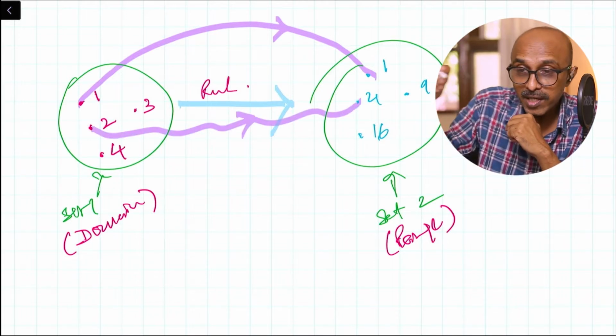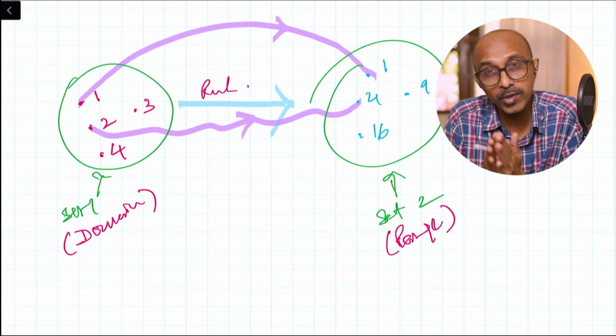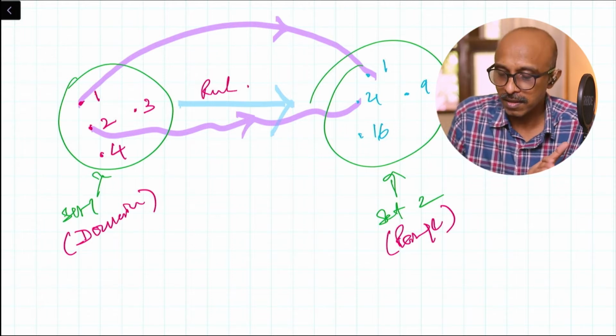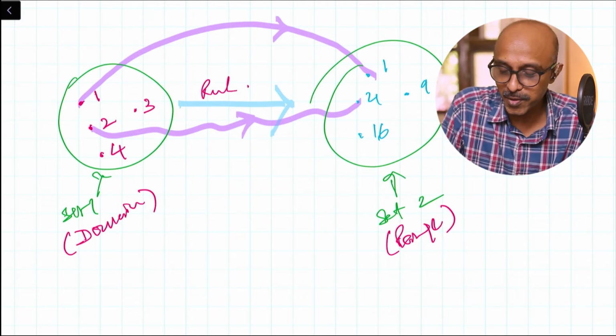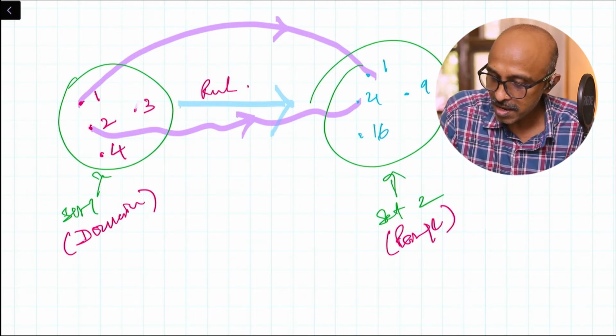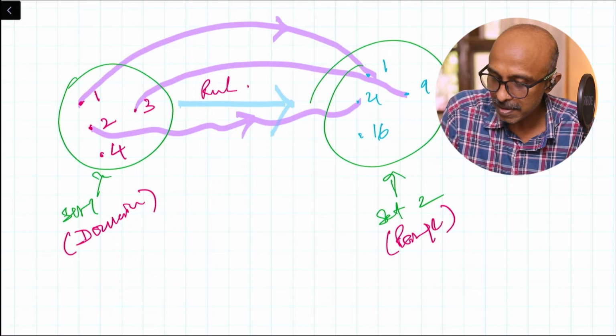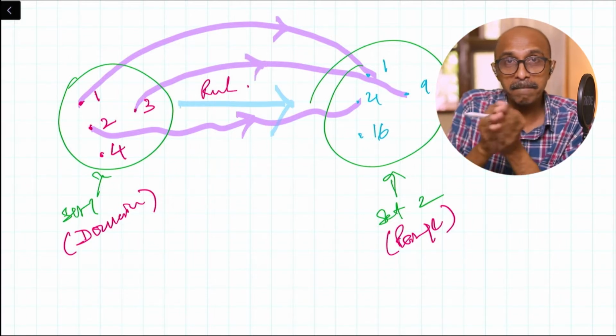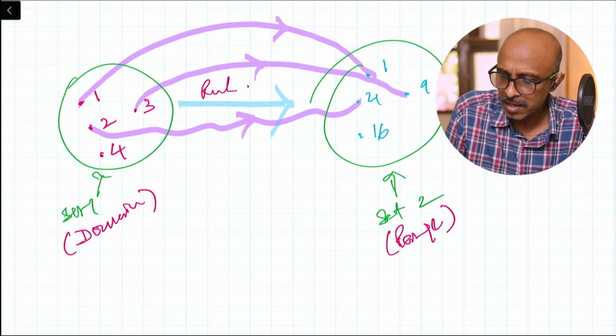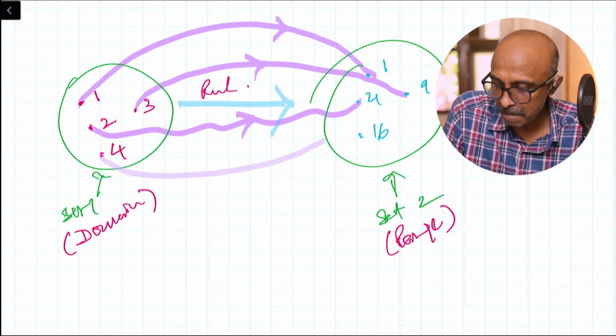I'm deliberately doing a squiggling arrow because sometimes people think the arrow must be straight. I'm against all those kinds of rules. We're talking about a function as a rule. The 3 is related to, associated with, mapped to 9. These are all synonyms. 4 gets mapped to 16.